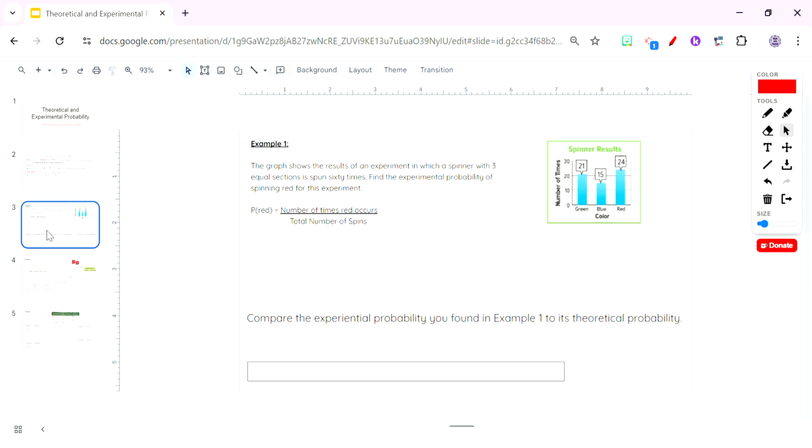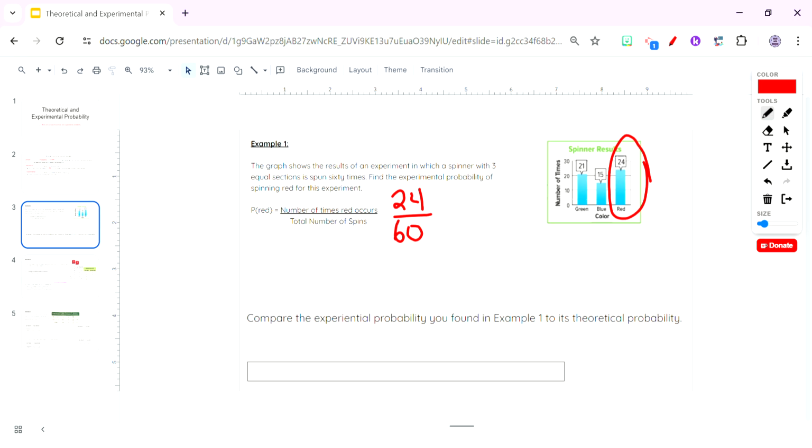All right, so here's example 1. The graph shows the results of an experiment with a spinner with 3 equal sections that is spun 60 times. Find the experimental probability of spinning red in this experiment. Okay, so we are going to focus on the red. And experimentally, during our experiment, it landed on red 24 times out of the 60 total times that we spun the spinner.